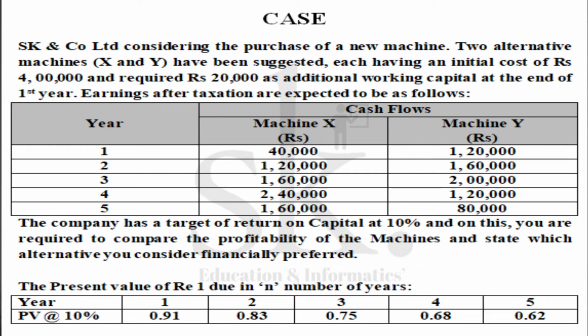Now if you check year 1 to year 5, the future cash inflows of machine X and machine Y have been given, and below, the present value of rupee 1 at a 10% discounting rate is also provided. The company has a target return on capital of 10%, and you are required to compute the profitability of the machines and state which alternative is financially preferred.